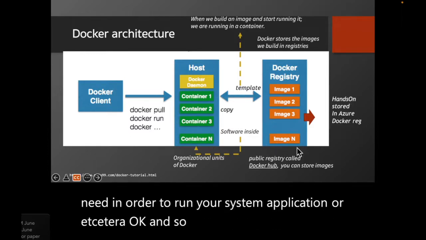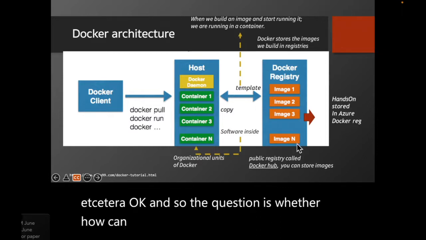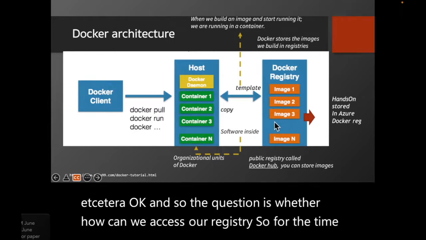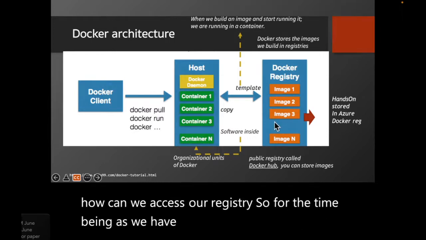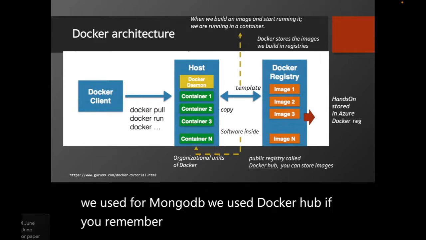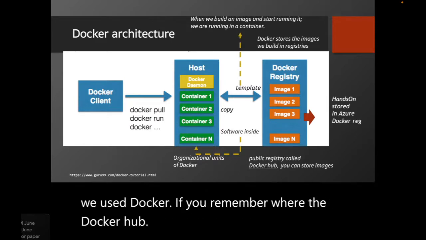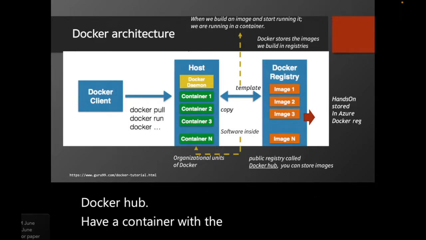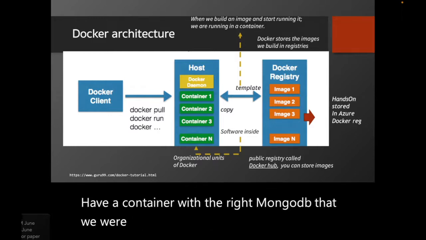And so the question is, how can we access a registry? For the time being, as we have this intuitive use of registry, for MongoDB we used Docker Hub, if you remember well, where the Docker Hub had a container with the right MongoDB that we were using for our solution.